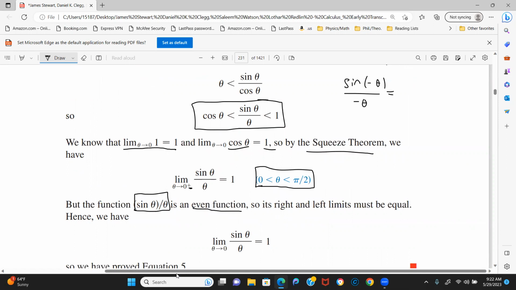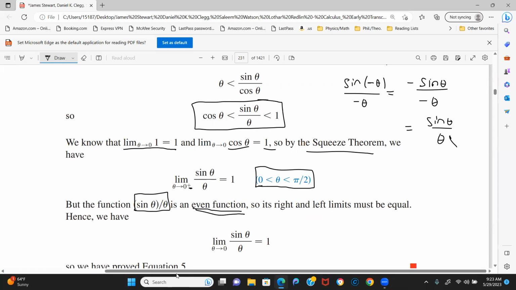You now use the fact that sine is odd, so you can pull the negative out of sine, and now you can cancel the negatives. You just get the function back. So in other words, when you replace theta with negative theta and do this manipulation, you just get the function back. So that's why this is an even function.